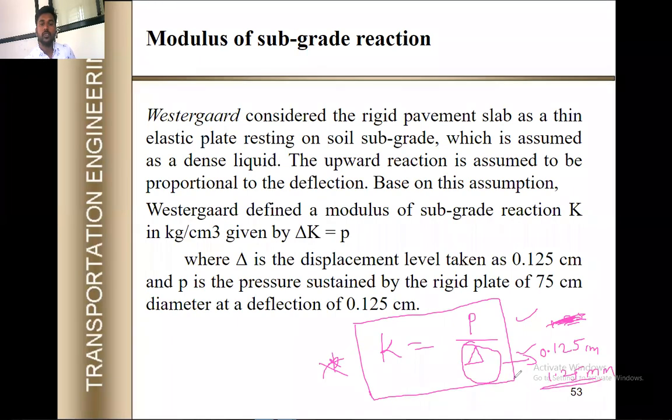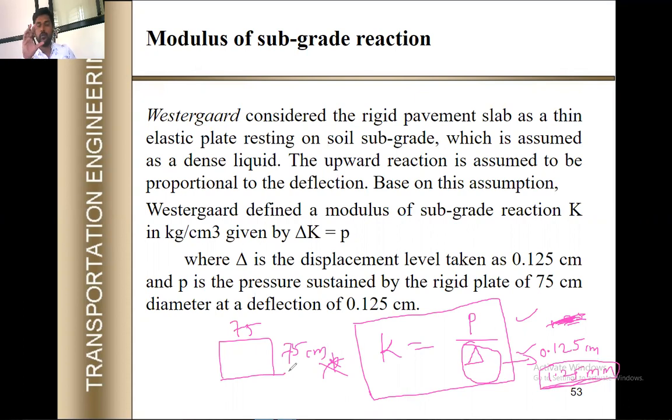The pressure increases, and we stop increasing it at a deflection of 1.25 mm. We test this by the plate load test, and the standard plate size we use here is 75 by 75 centimeter. So how do we calculate the modulus of subgrade reaction? It is calculated using the plate load test.